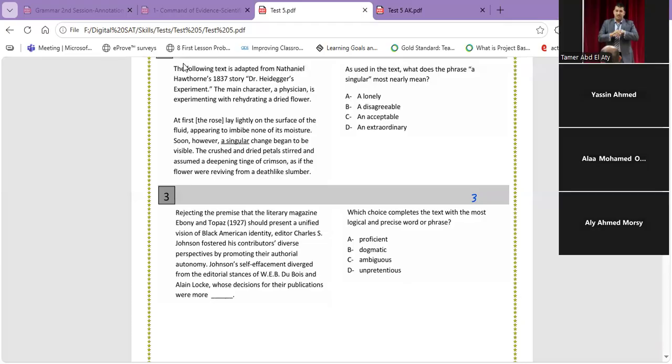I'm still waiting for the answer from Nardeen, Asir Ayman, and Rahaf Abdul Karim. Still waiting for Asir Ayman and Rahaf Abdul Karim.